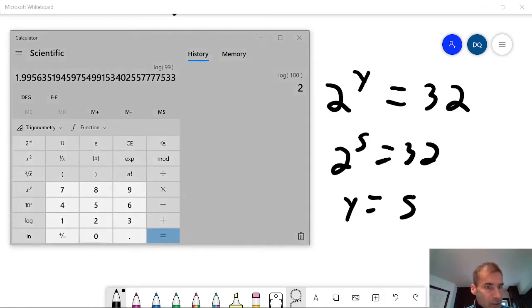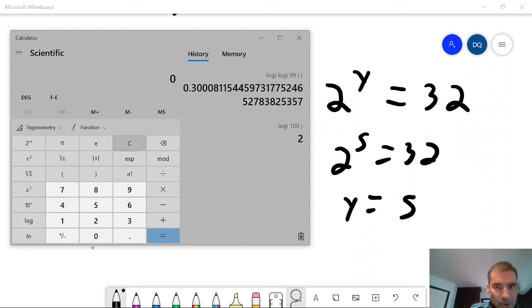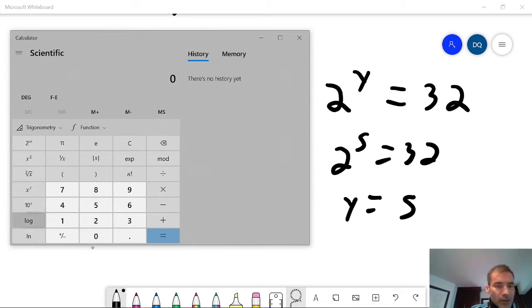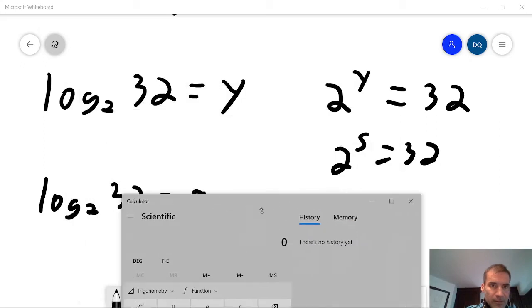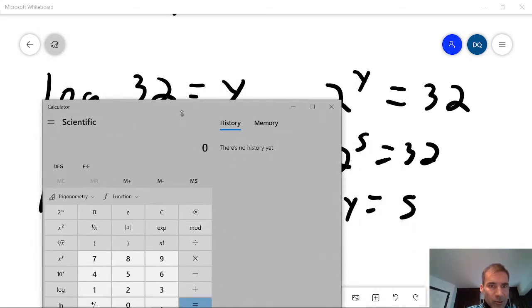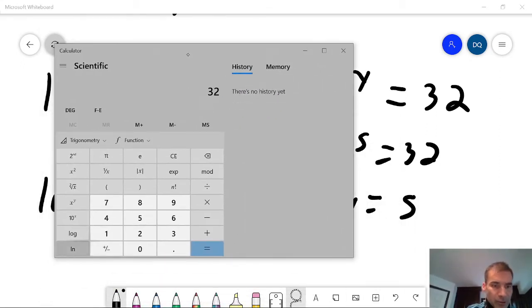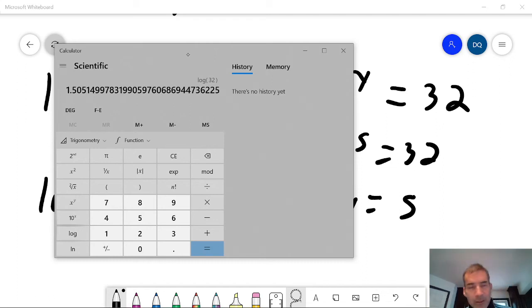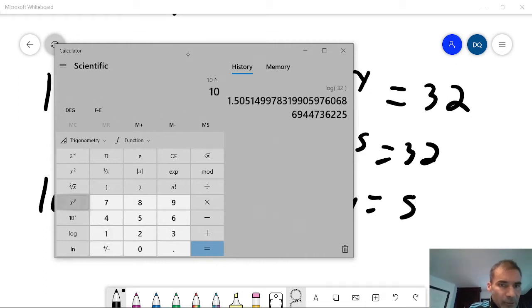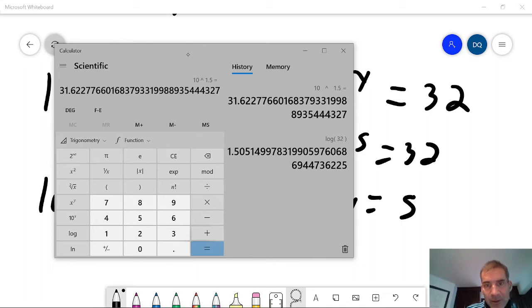If you want to get this using your calculator, when you press the log button, it by default gives you the base 10 log. So if I want the base 2 log of 32, if I type 32 and press log, it's not going to give me a 5, it gives me a 1.5, because 10 raised to the exponent of 1.5 gives me 32.